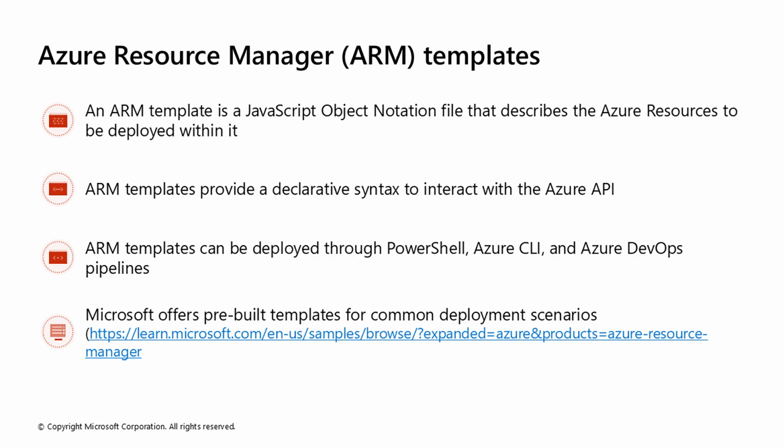This declarative approach simplifies automation, supports dependency management, and enables parameterization for flexible deployments. ARM templates can be deployed via Azure DevOps pipelines, Azure portal, or even custom deployments through the Blade or command line tools, making them versatile for various environments.